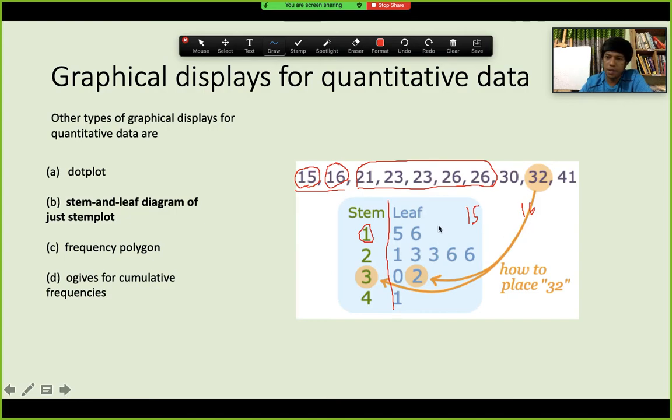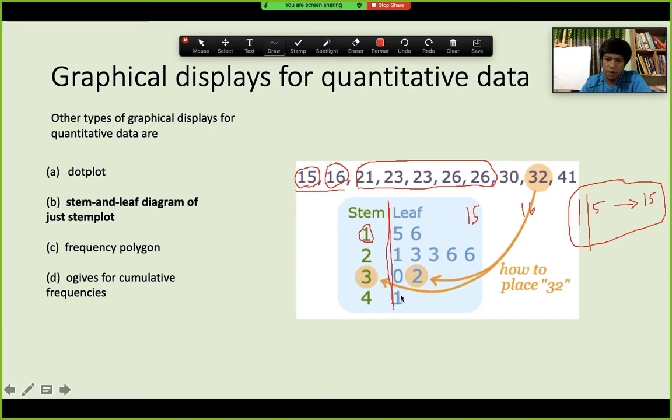We can represent the data this way also. Here we can say that 1 bar 5 represents 15. Okay, just to mention it, we mention one value separately so that there is no confusion for any new reader.